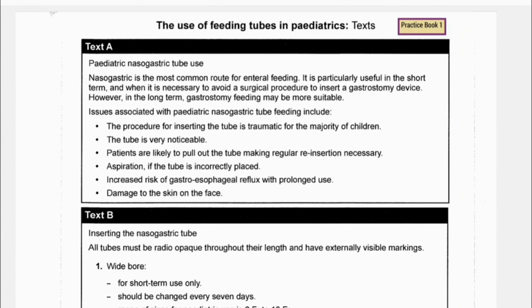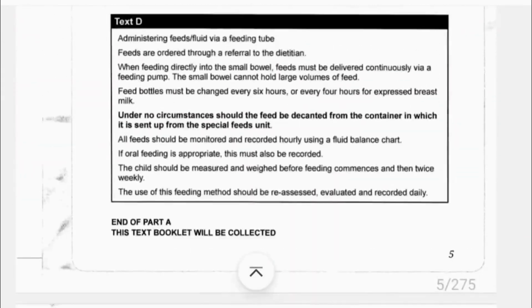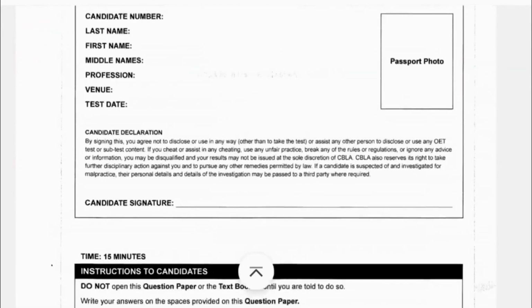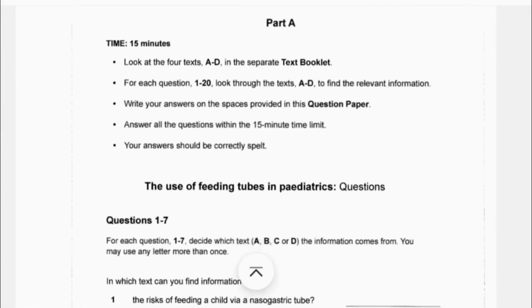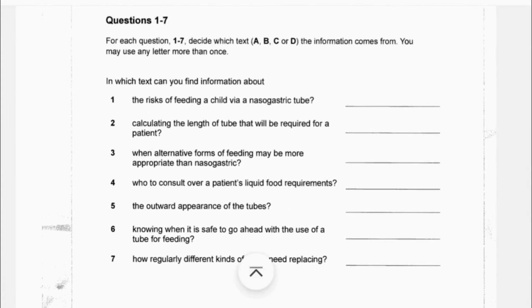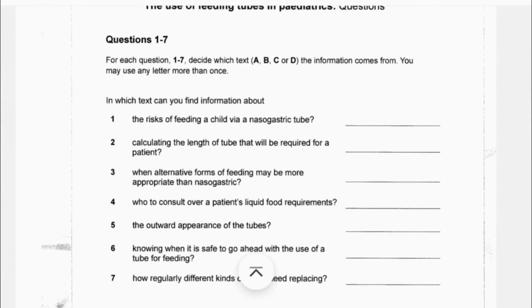Now part A has 4 texts: text A, text B, text C and text D, and then it has almost 20 questions. The first seven questions ask in which text you can find the information about anything that is written in the question.